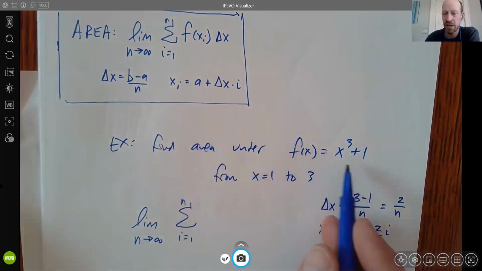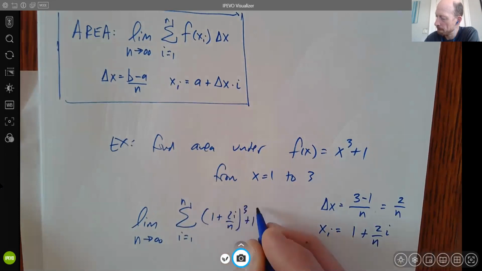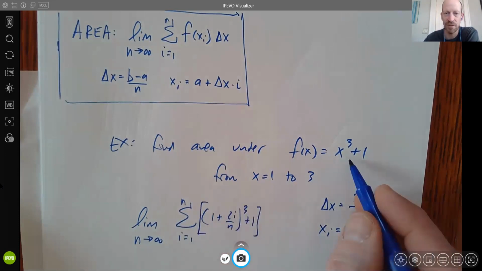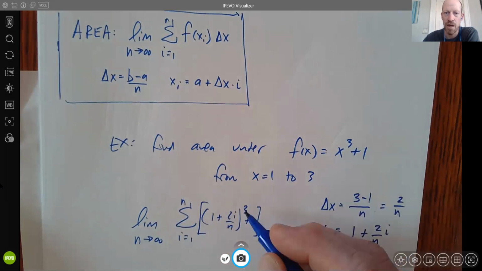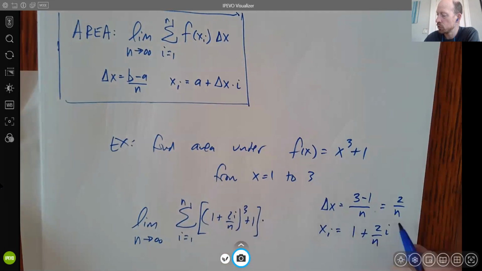So my function was x cubed plus 1. So this is going to look like 1 plus 2i over n, cubed, plus 1. That's f of x sub i. And then I'm going to multiply that by delta x, 2 over n.